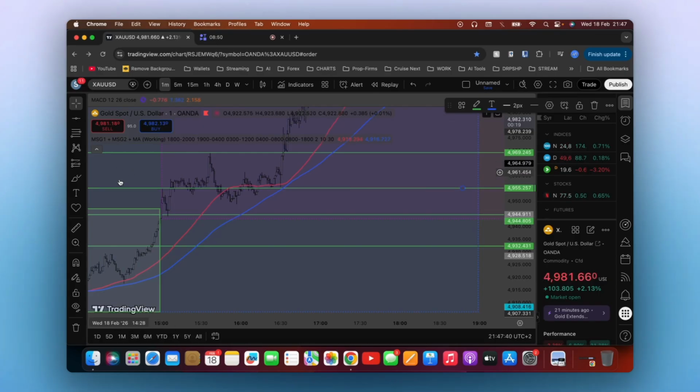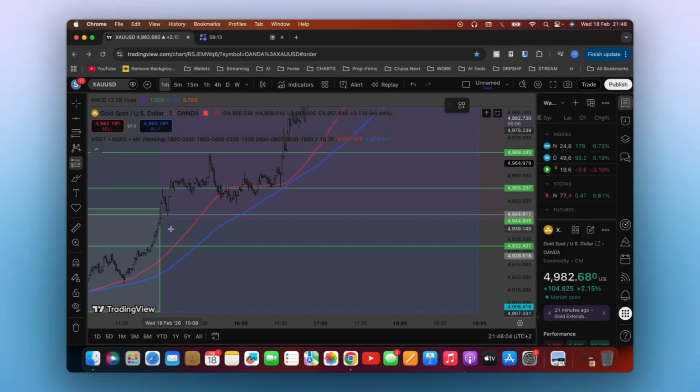Then what we saw was price re-entered the MSG, hit our first level here of resistance. So what you can do is have buy orders at these levels of resistance before it retraces back into it, and price will hit the line and the trade will be entered.